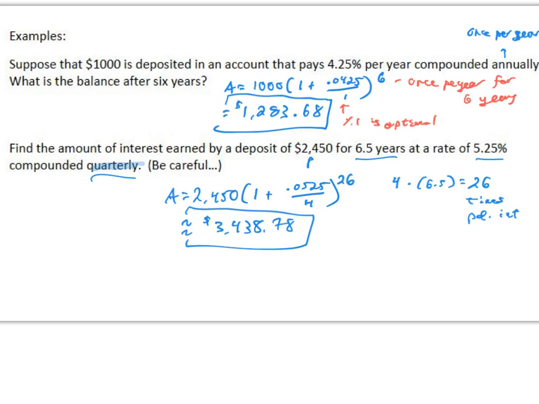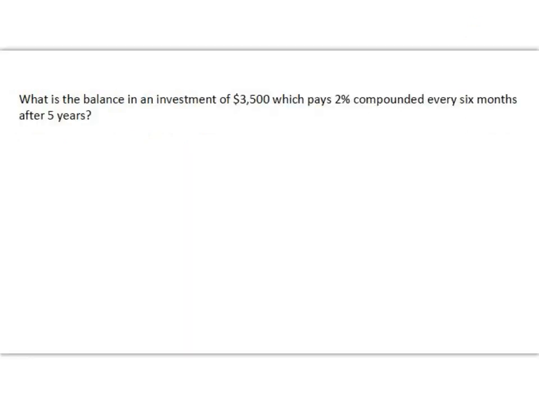One more quick example, and I think we should be good here. What is the balance in an investment of $3,500 that pays 2% compounded every 6 months after 5 years. Okay, so some key words and phrases here. If it gets compounded every 6 months, that indicates to me that we're getting compounded twice per year.